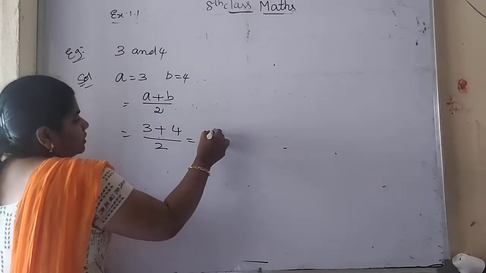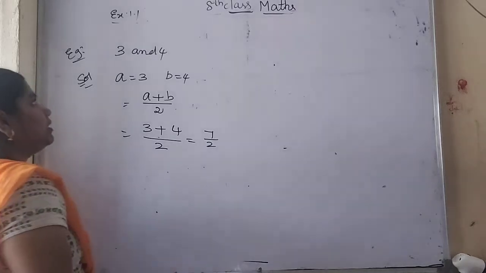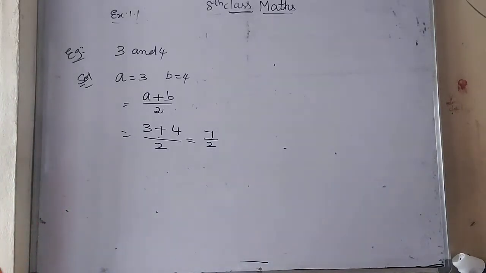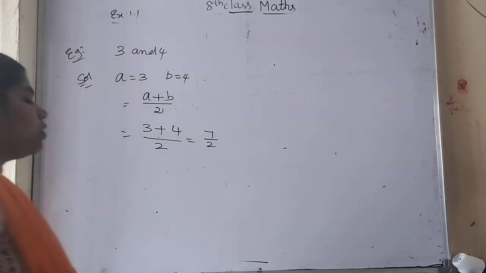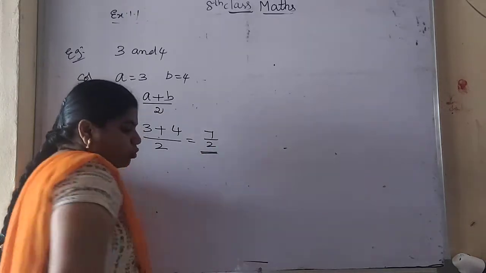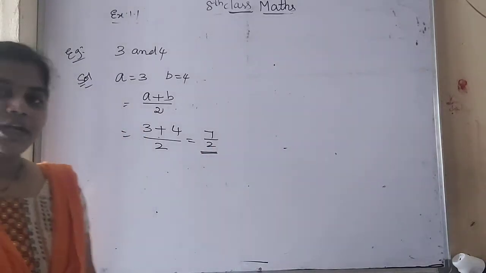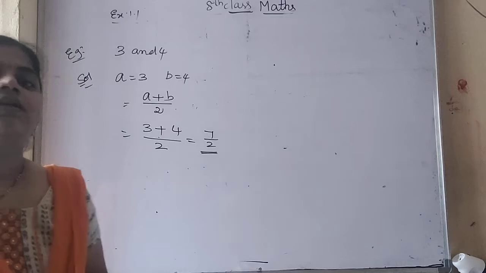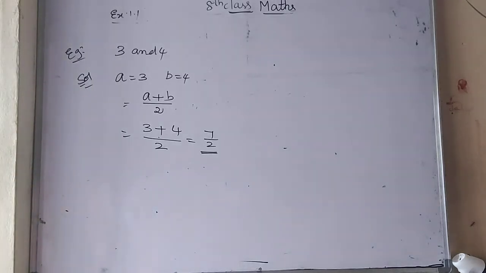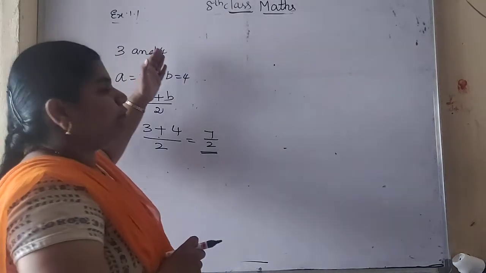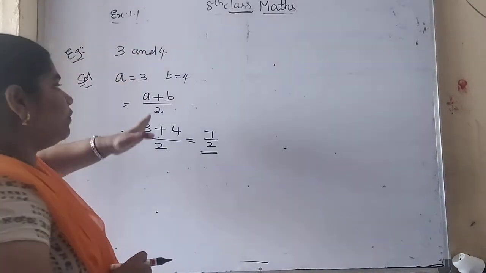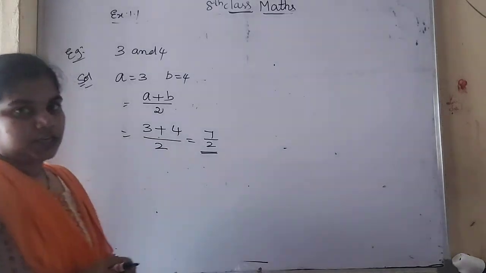So 3 plus 4 is how much? 7 by 2. So the middlest rational number between 3 and 4 is 7 by 2. If you are asked to find any one rational number, directly you can apply the formula (a plus b) by 2, taking the average of 3 and 4. After taking the average, you will get a middlest rational number.